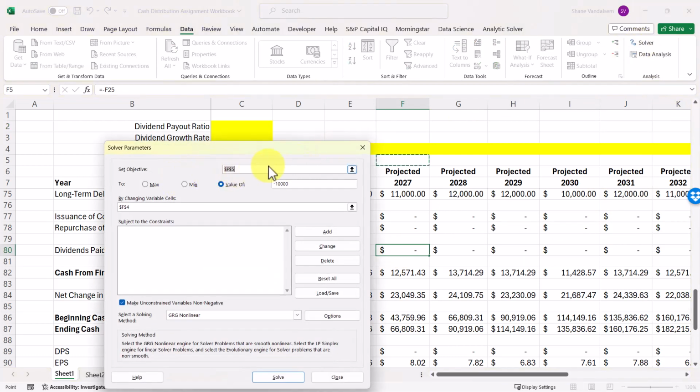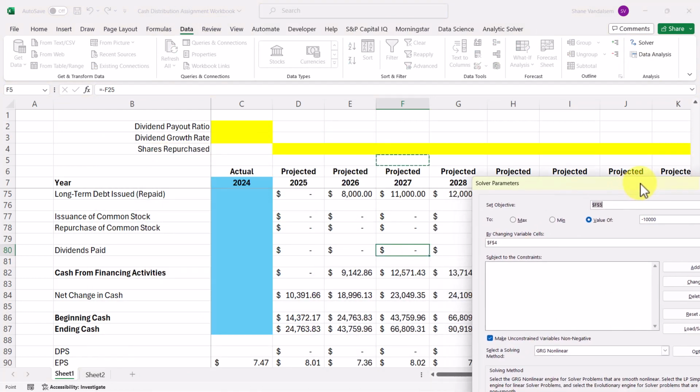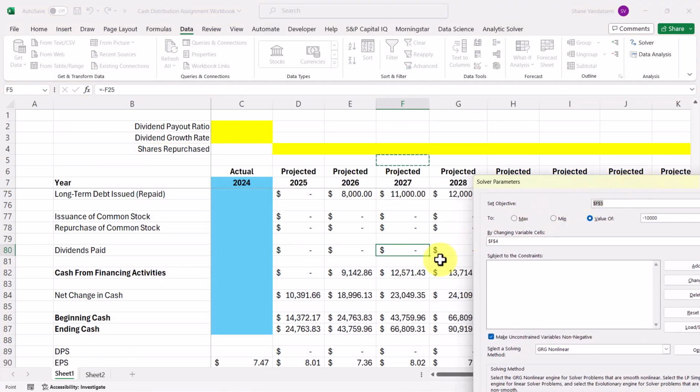And I want to set the objective. So the objective I want to set is that I'm going to repurchase $5,000 of common stock in 2026. So I'm going to go here, repurchase of common stock, projected 2026. So this is E78.